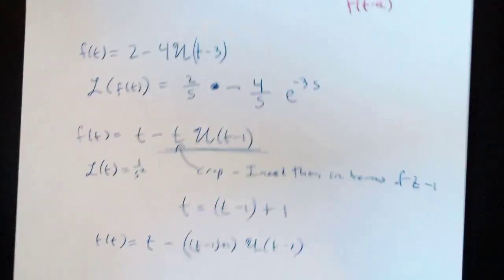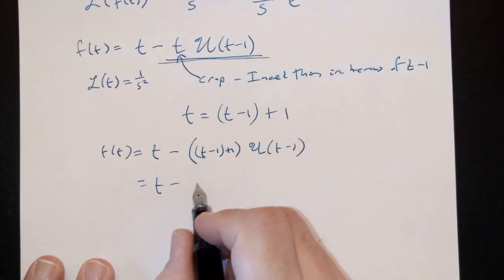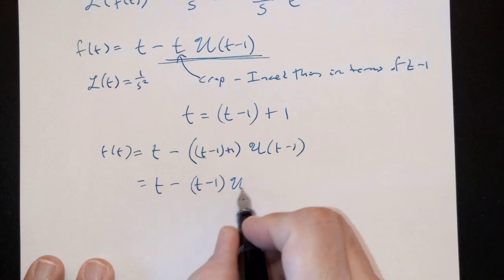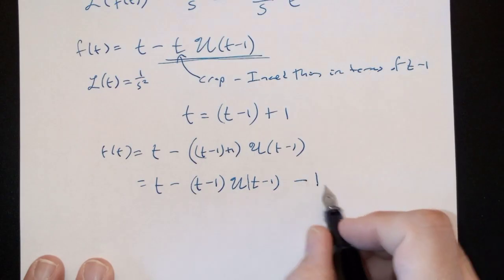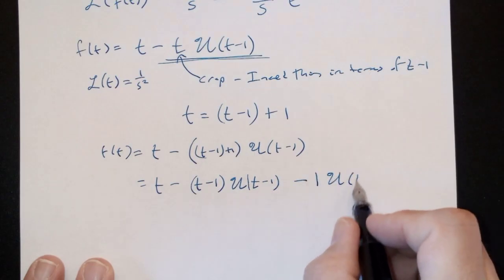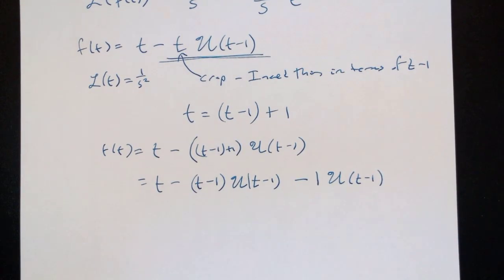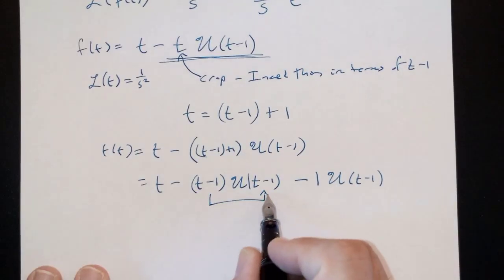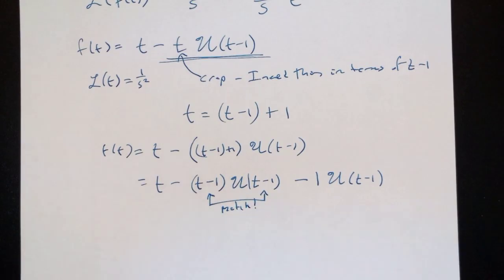And I'm going to split that up. t minus 1 u of t minus 1 minus another 1 u of t minus 1. Why is that a minus, not a plus? Outside the parentheses that needs to be distributed in. These match now. If they don't matchy match, I can't do this problem.